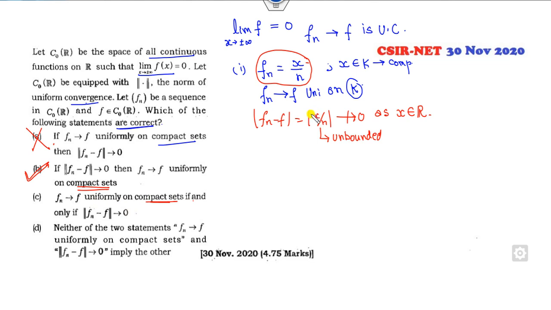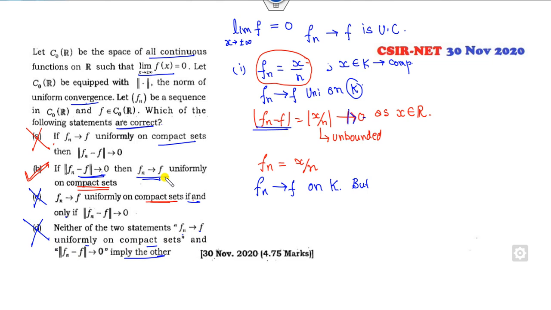I think this is the example: if I again consider this example, clearly fn converges to f on the compact set, but we already proved that this does not go to 0. So if and only if is not satisfied. The statement that neither implies the other is a wrong statement. If this goes to 0, then on a compact set it is the correct option. So B is my correct answer.